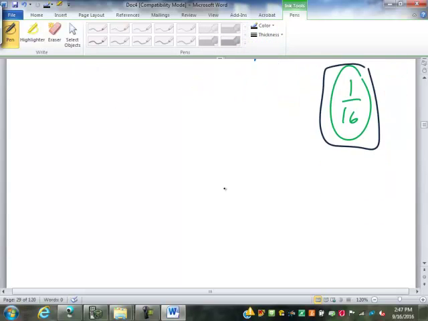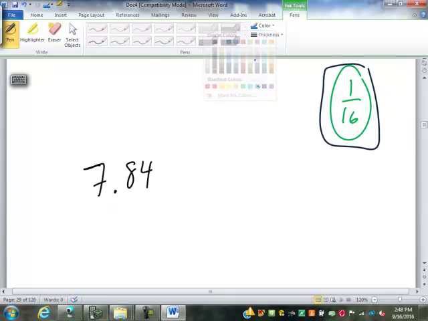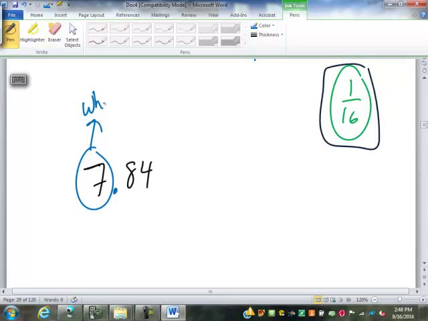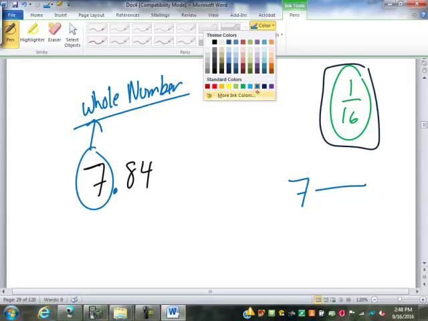What if we have 7.84? And I need to convert that to a fraction. Well, the part in front of the decimal point is a whole number. Just like we have mixed numbers with our fractions, we have mixed numbers with our decimals. That 7 is not going to change. It's the 0.84 that we have to convert to a fraction.